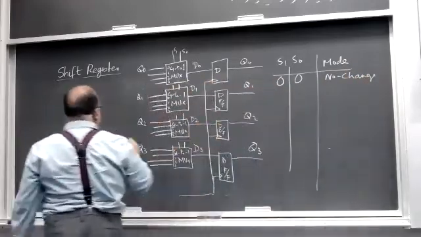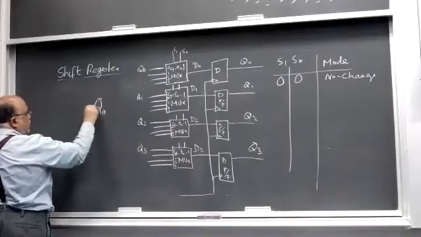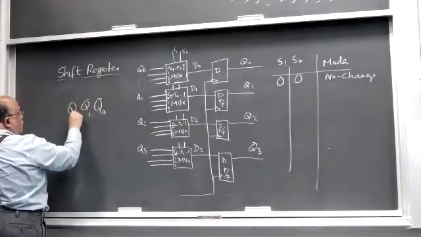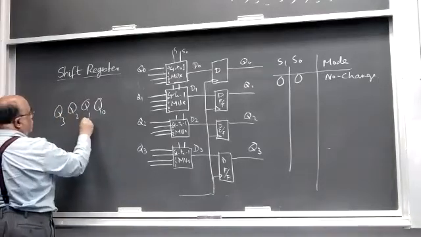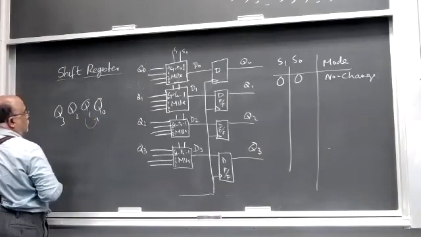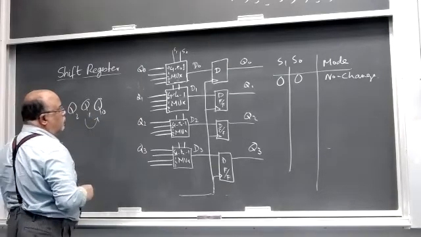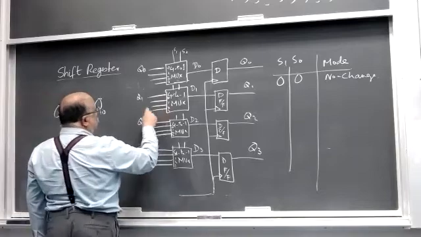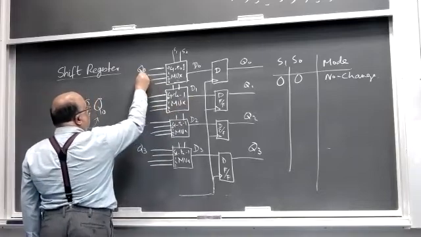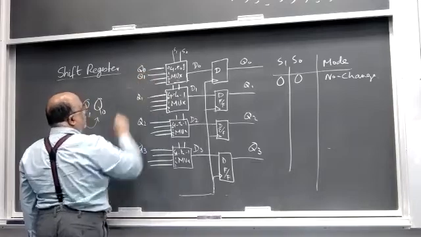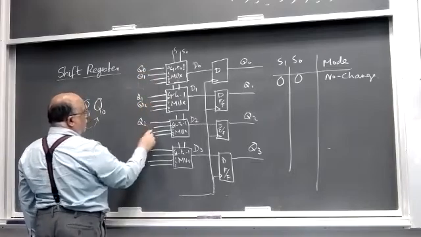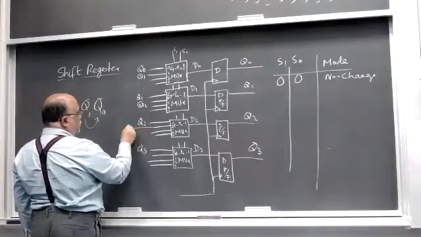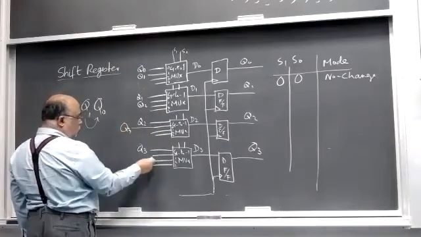If you look at this, this is how it is. The hierarchy is like this: Q1, Q2, Q3. So shift left means Q1 should take the place of Q0. Shift right, so let's make a Q. Shift right means Q1 here, I can give here Q2, I can give here Q3. What do I give here?